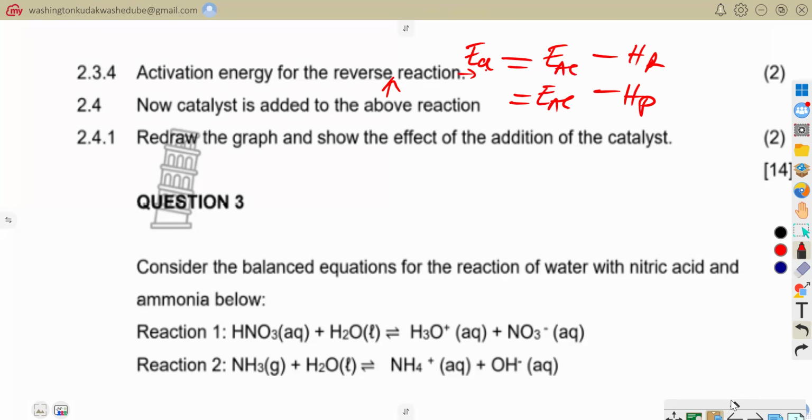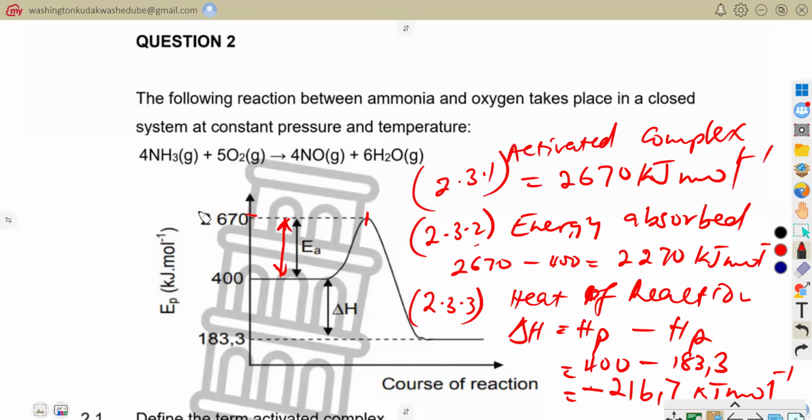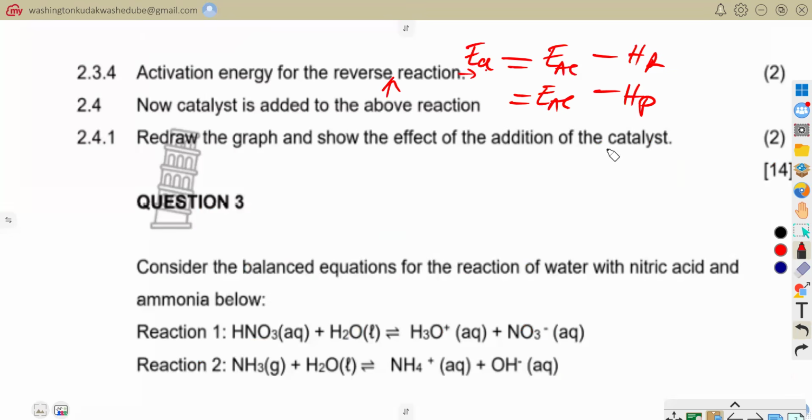Now let's go back to our graph and check for that information. This is the enthalpy of our activated complex, and this is the enthalpy of our products, because now we are coming from these products going back, that is the reverse reaction. So these become reactants now because we are going back in reverse. So we will take this one and that one, and then we can calculate the activation energy of our reverse reaction.